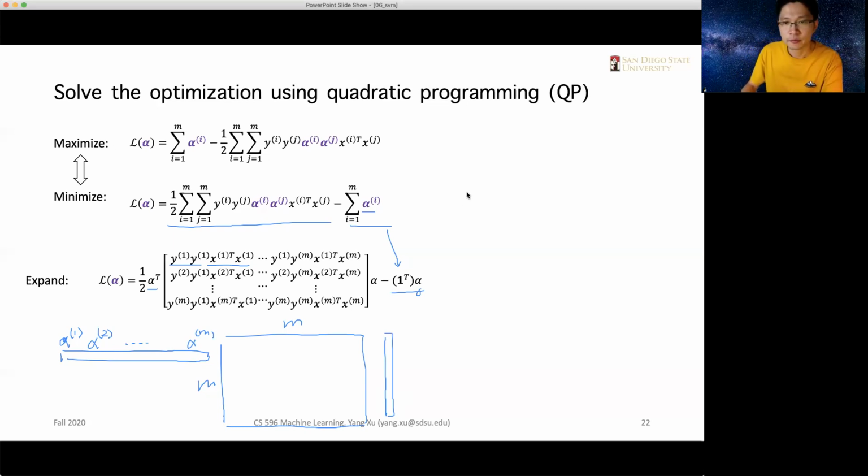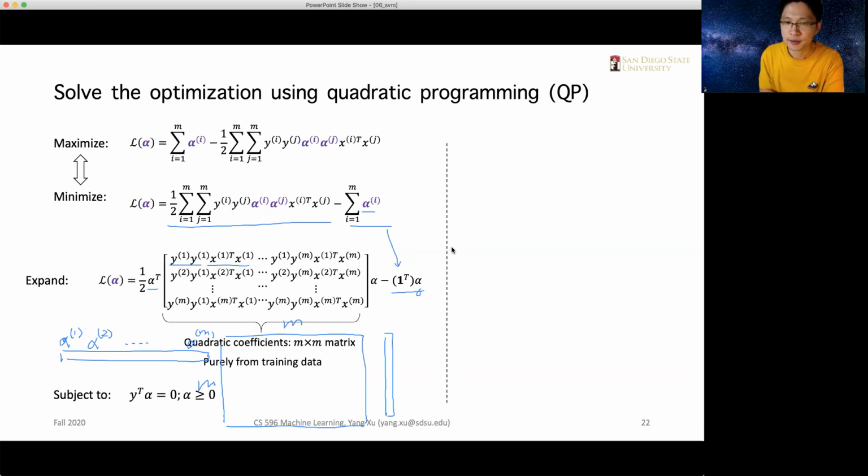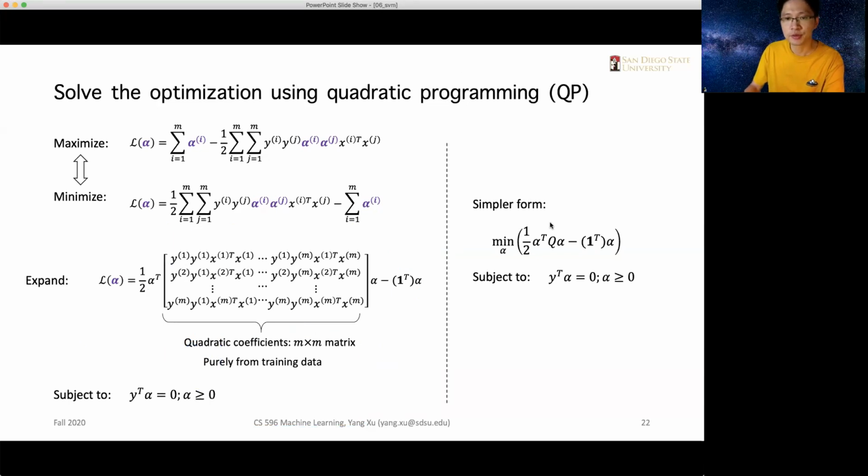Okay, so if we write it in a compact way, then we can rewrite the Lagrangian into this form. We want to minimize the function of 1/2 times alpha transpose times some big matrix Q times alpha, minus the vector of ones transpose times alpha.